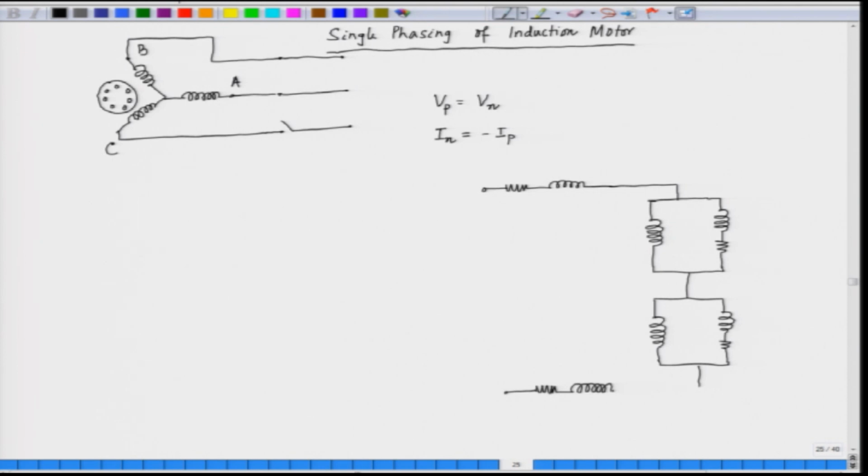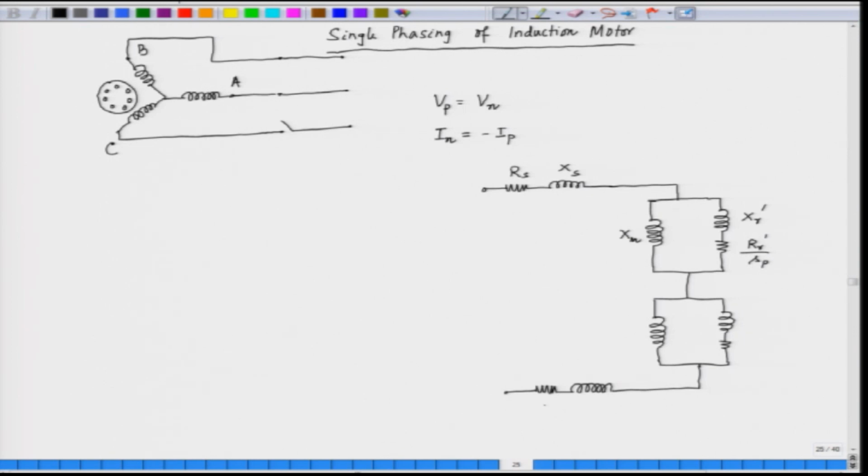So, what we expect here is something very similar: we have the resistance Rs, the reactance Xs, Xm is the magnetizing reactance, Xr prime is the rotor leakage reactance, and Rr prime by S, where S is the positive sequence slip.